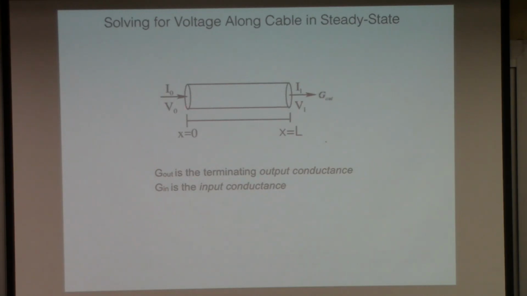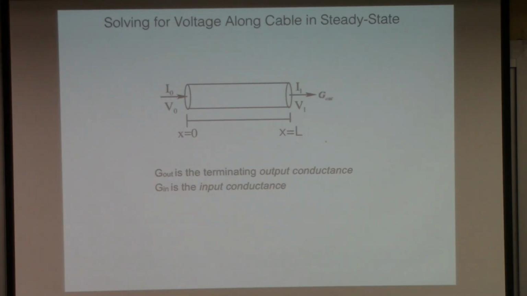Now, if we were to inject current into one end of this cable, we will observe in the steady state some voltage that I'm calling V0. So voltage times input conductance equals the current flowing into the cable from Ohm's law, right?